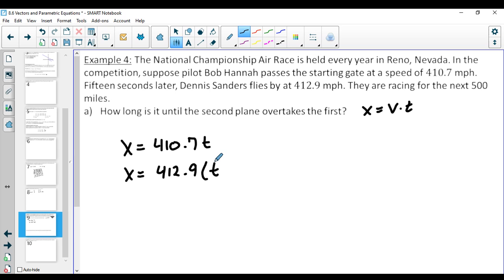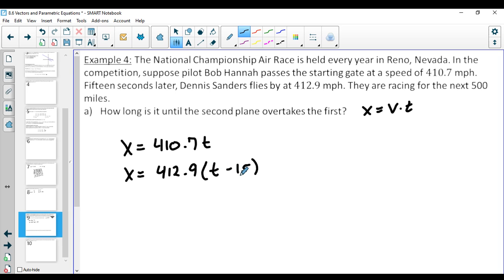So he actually needs a -15 here, because we're counting the distance after they've passed the starting gate. And he doesn't do it for another 15 seconds. So that's why we have this t minus 15.